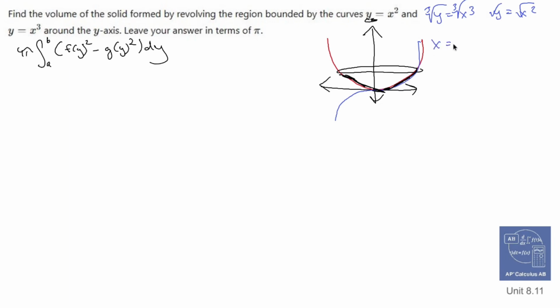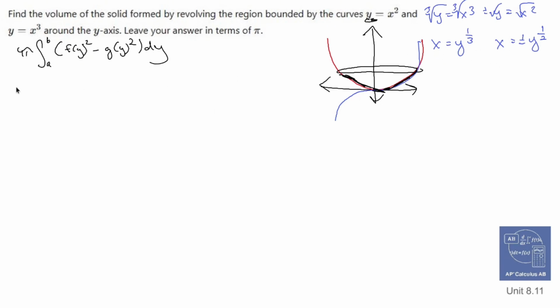This becomes x equals y to the 1/3, I'll write it out that way because I'm going to need to anyway. And this will be positive or negative, so I'll write x equals positive or negative y to the 1/2. Now the positive or negative part's just going to go away. You'll see why in a little bit. Although, it doesn't really matter because I'm spinning it around.